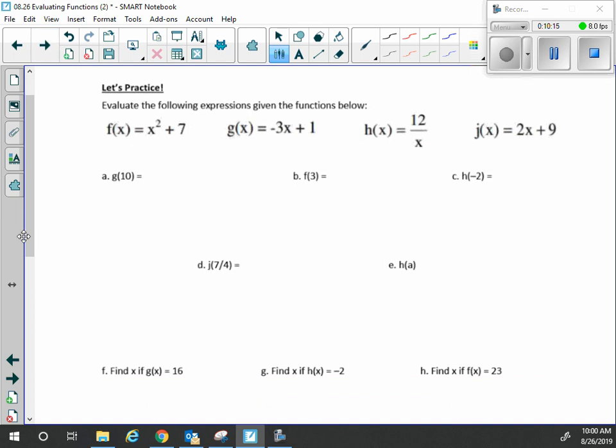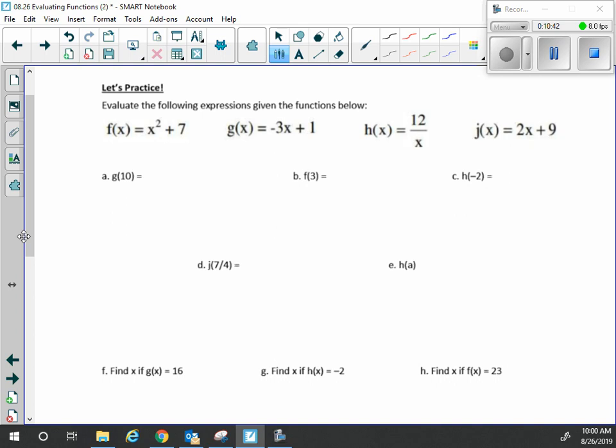And you guys are going to practice. Some of those are a little bit more challenging than others. When you look at those 4 functions, they all have different titles, right? F of x, g of x, h of x, j of x. So when you're looking through your work, you need to be careful that you choose the correct function. So if I'm looking at letter A, which function would I use for that problem?